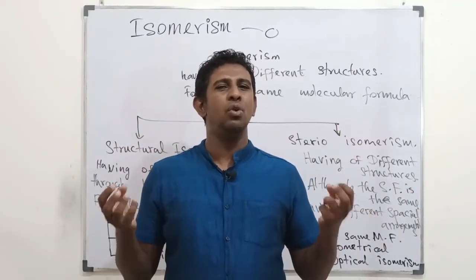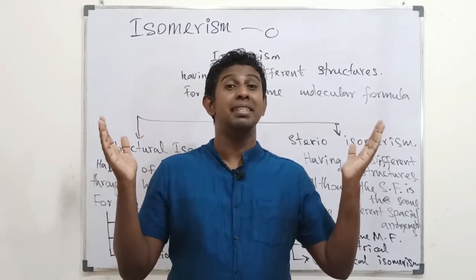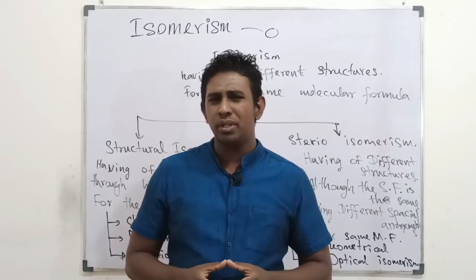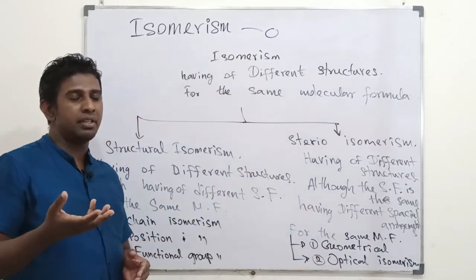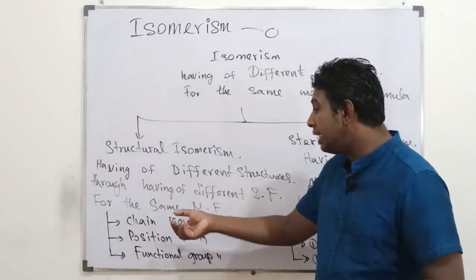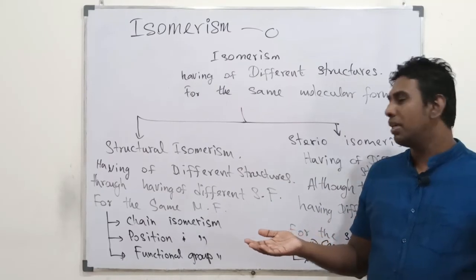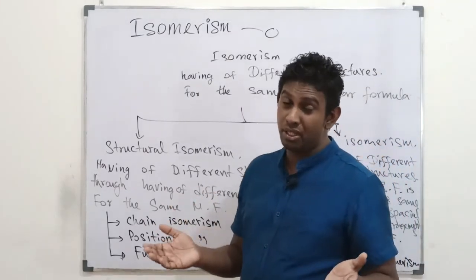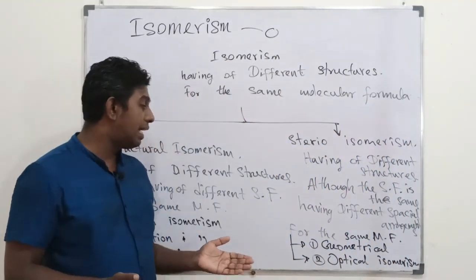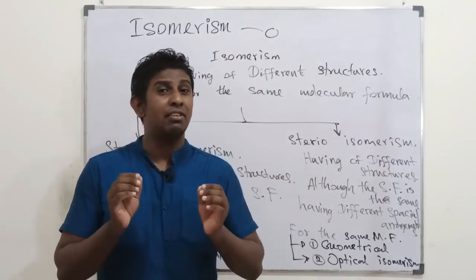So we looked at what isomerism truly stands for. Then, students, in our next video we will talk about each type, giving examples: chain isomerism, position isomerism, functional group isomerism, as well as geometric and optical isomerism. That's our plan.